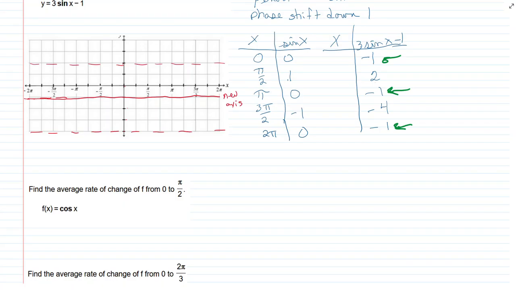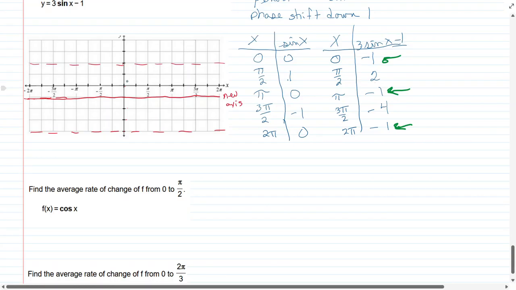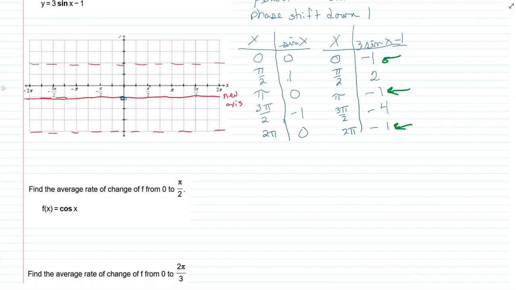All right, so here we go. So I'm going to, at 0, oh, I'm sorry, I didn't write them in. Sorry. Okay, so I'm going to have at 0, I have a negative 1. At pi halves, I get 2.